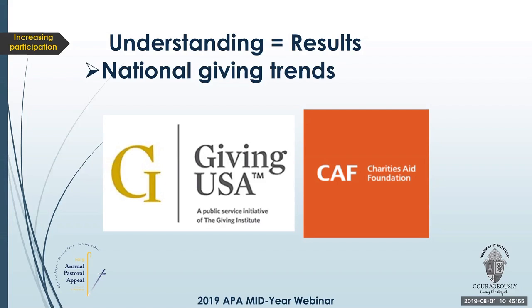It's new, but it's taking off, as you see in commercials or events that you go to. Text to give is a big deal, and I think people are getting more acclimated to it and trust it a little bit more. And there are also donor advised funds, which is a low method of giving, but people are still giving it. And when we get into giving opportunities, we'll get into how we're doing as a diocese where that's concerned.